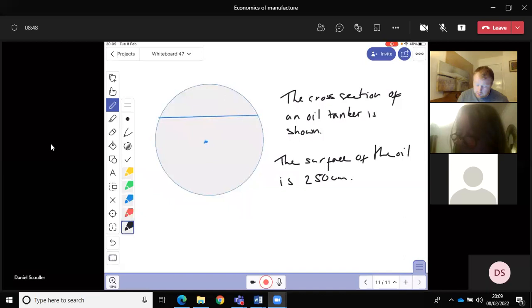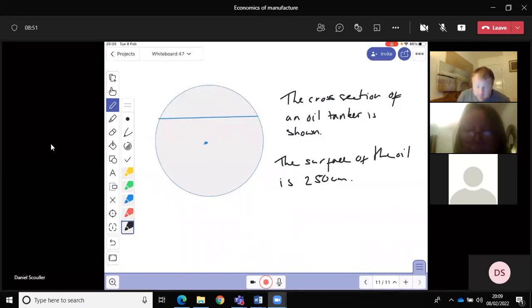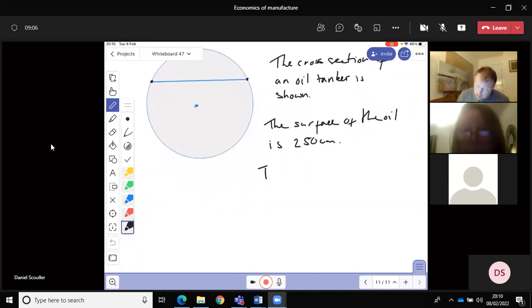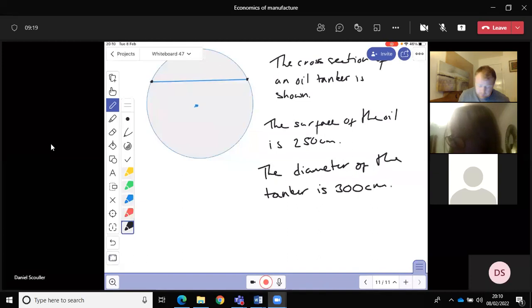So what have they given us there? They've given us the length of that chord, from that point to that point, which is 250 centimeters. The diameter of the tanker is 300 centimeters.